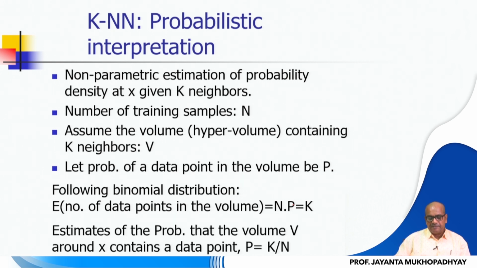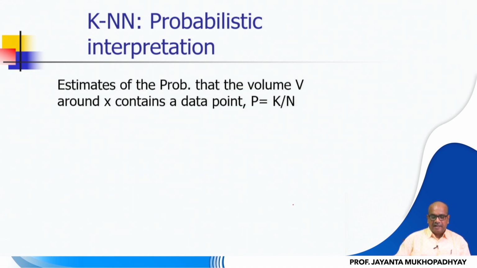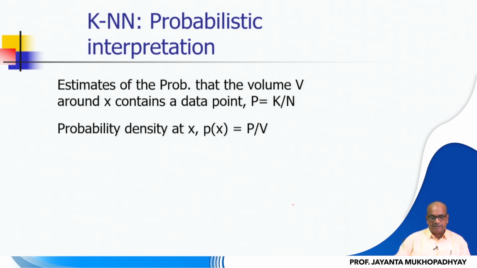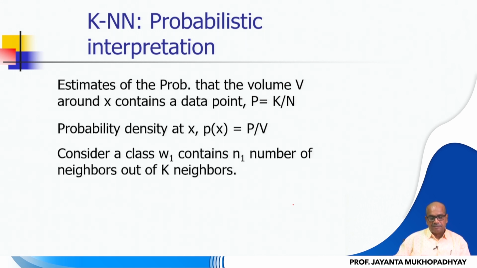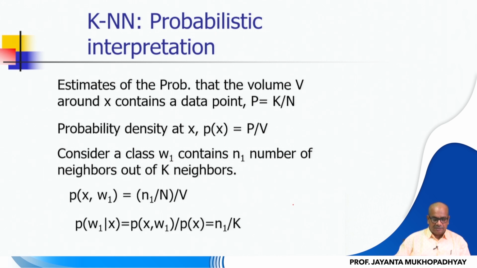So, the estimate of the probability that the volume V around x contains a data point is p equal to k by n. And if I consider several classes, I consider this observation for each class. Consider a class W1 containing n1 neighbors out of the k nearest neighbors. Then n1 by k is the posterior probability of W1 given x.